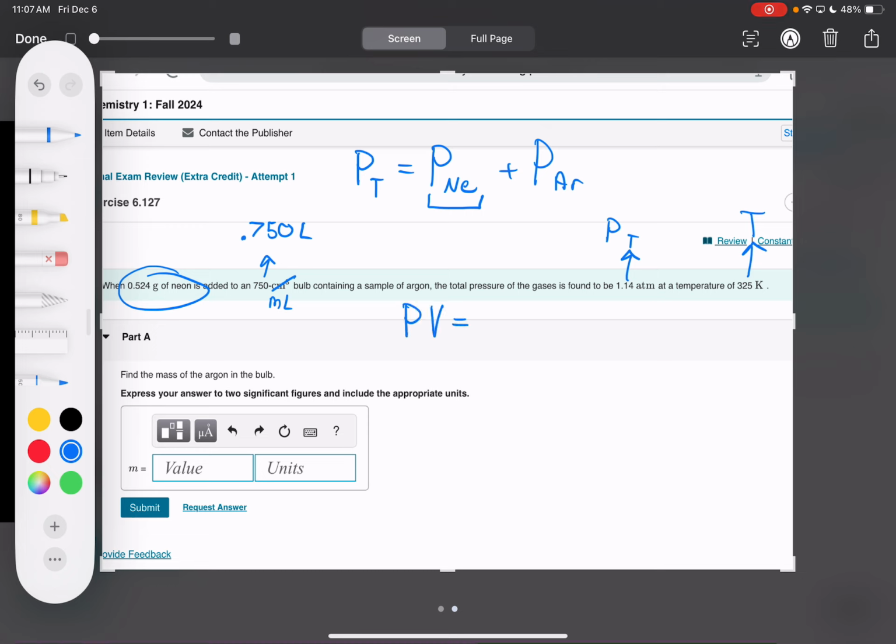So PV equals nRT. So pressure times 0.75 liters equals, now I'm going to have to convert this into moles. So 0.524 divided by neon's 20.180.